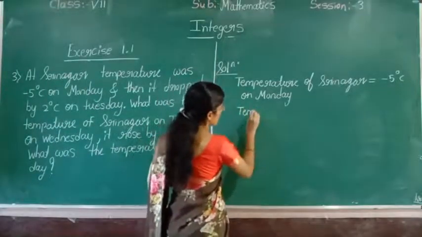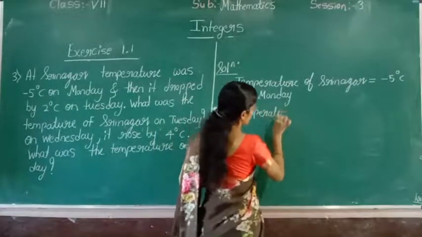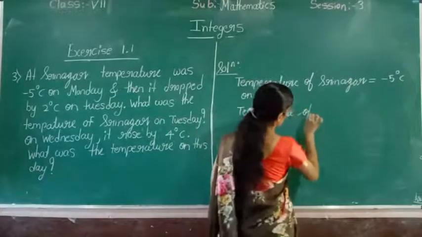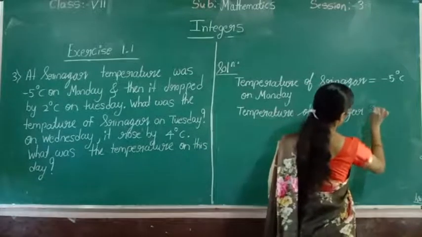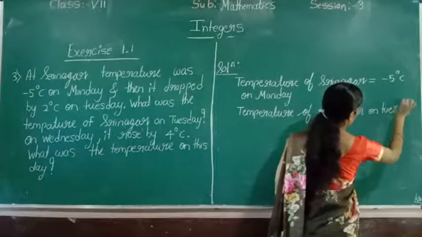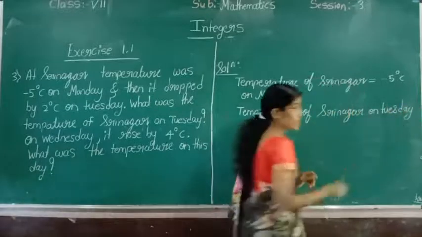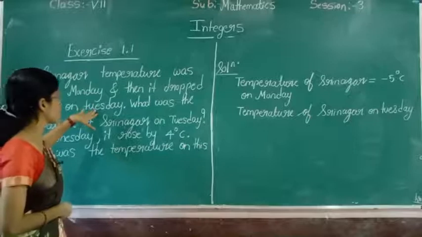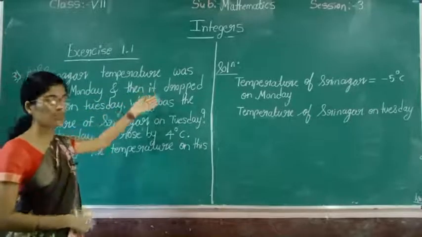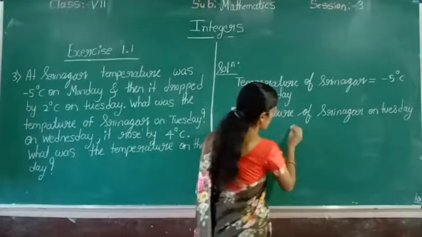See here, temperature of Srinagar on Tuesday. So what they are given the condition? It is dropped by 2 degrees Celsius on Tuesday. Dropped means we have to do the subtraction.